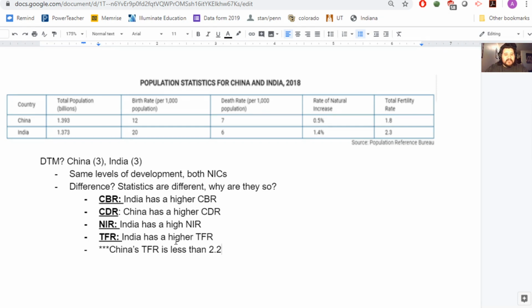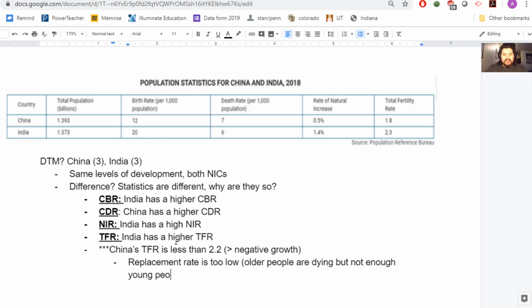That 2.1, 2.2 range means that if we're lower than this range, we're looking at potential negative growth, right? That population is not replacing itself. The replacement rate is too low. Older people are dying, but not enough young people are or will be born to replace them.